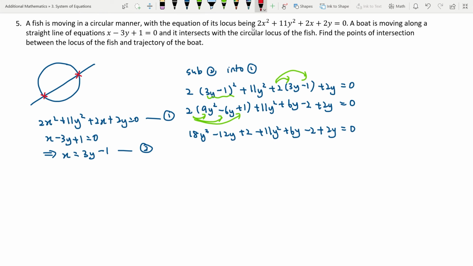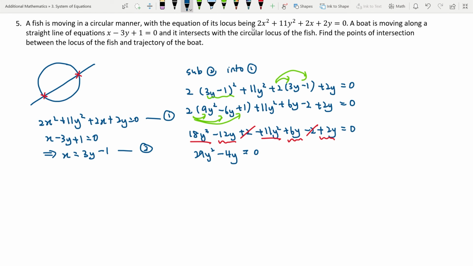We simplify the equation. 18y² + 11y², we will get 29y². Minus 12y plus 6y plus 2y, we get minus 4y. Plus 2 minus 2 is gone, and the equation is equal to 0.